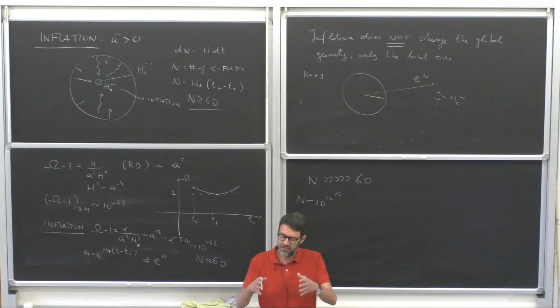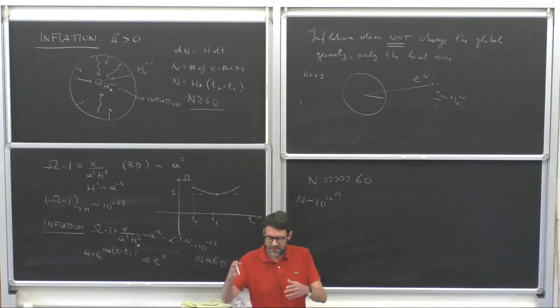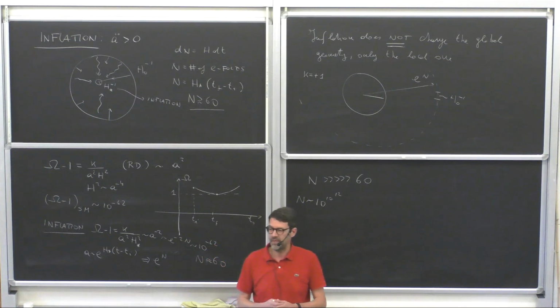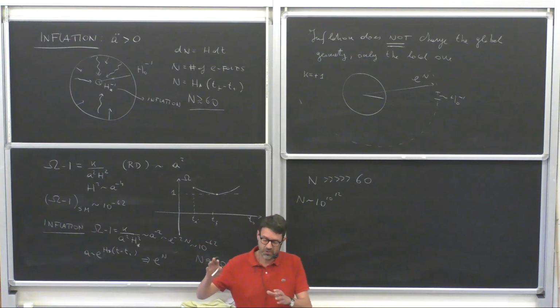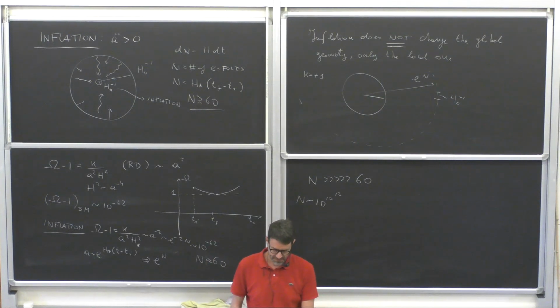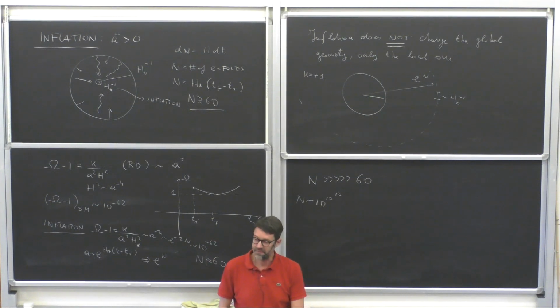So in our horizon, at some point, luckily, inflation stops, because otherwise we would not be here. But in other regions, inflation continues, and it might continue even now. Those regions are causally disconnected from us, we will never see them, but still it's happening for eternity. So no, there is not such an upper bound.